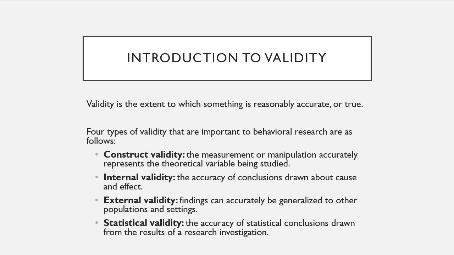So we talk about construct validity, which is where we want to measure or manipulate something accurately in a way that it represents the theoretical variable being studied. An example of construct validity might be something like a measurement of the therapeutic benefits of having a therapy dog or an animal-assisted therapy treatment.